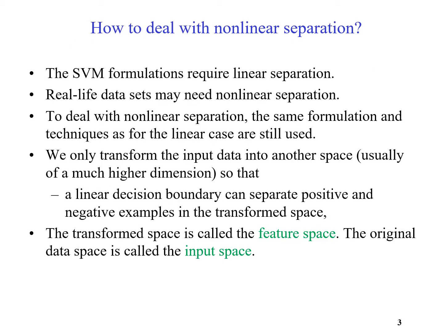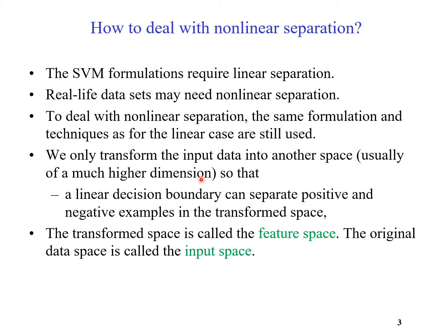This slide kind of repeats what I said in the previous slide. So how do we handle nonlinear cases in SVM? To deal with nonlinear separation, we transform the input data into another space, usually of much higher dimension.